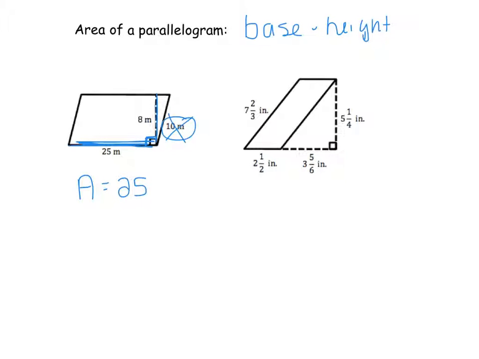I'm going to use that height, the distance in between. This side I would use if I was trying to find the perimeter, add up all the sides. But here I'm going to use my base and my height to find the area. So that would be 200 meters squared. And again, the reason we can do that is if we cut this off and moved it over here, it would give us a rectangle.